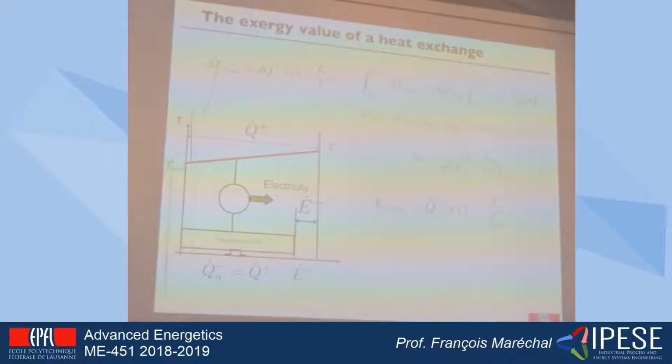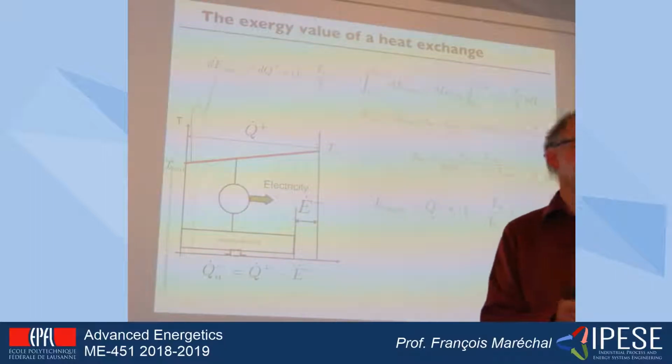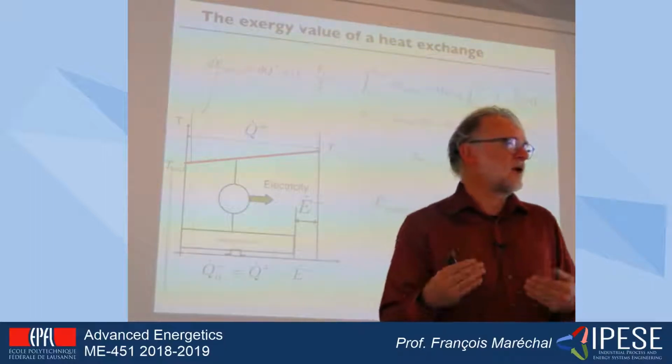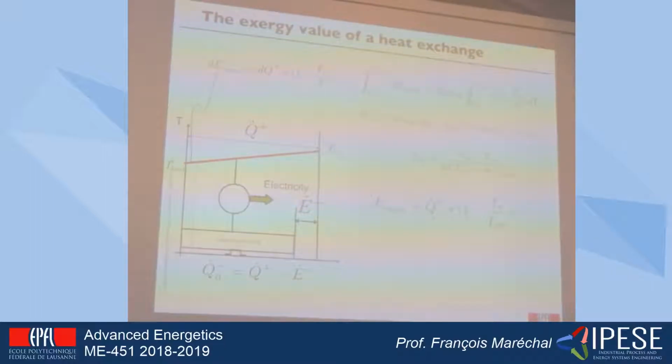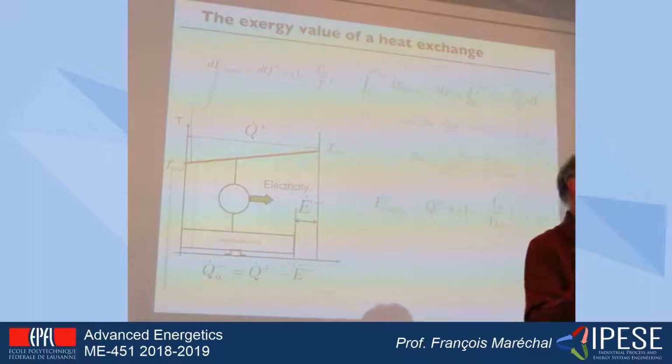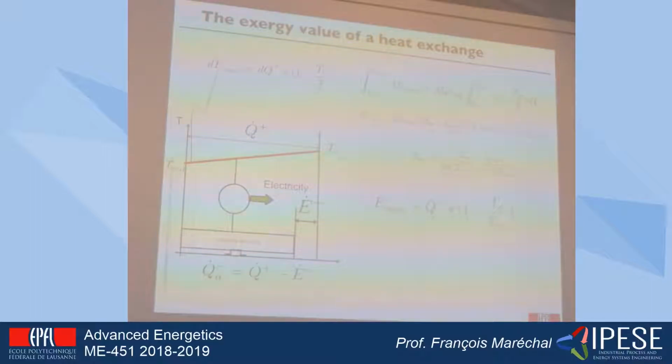The lower the temperature, the less mechanical work I will need. The same when I have to cool down a stream, I have to try to cool it at the highest possible temperature. And by doing this, I will have the possibility of producing a high amount of work.